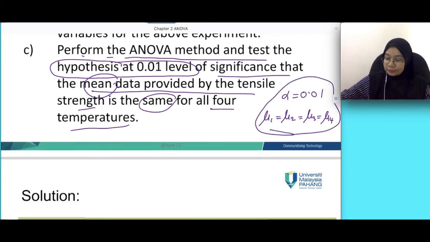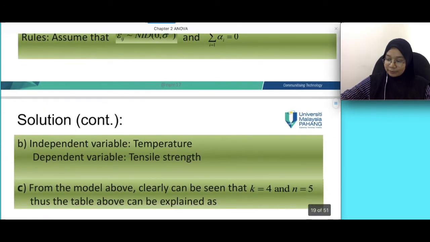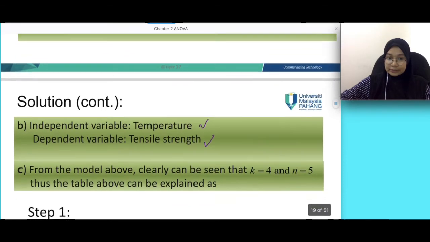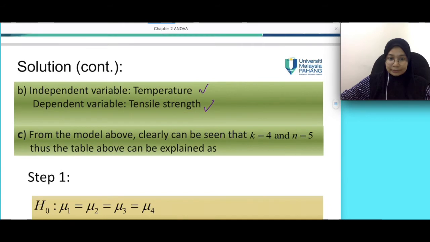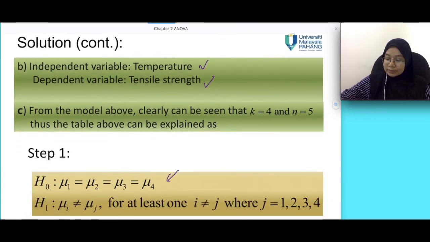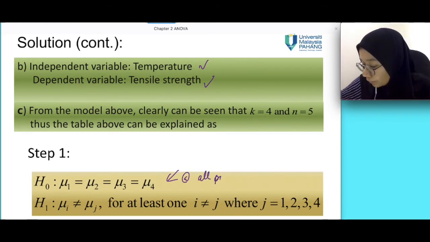Okay. So, the solution is, so these are the model. I'll skip this one. Okay, independent variable, temperature. Dependent is the tensile strength. Okay. So, step number 1 is your hypothesis. So, what we want to test? We want to test is there any similarity between the population mean. So, mu1 equals mu2 equals mu3 equals mu4, or you can write down all population mean is similar.